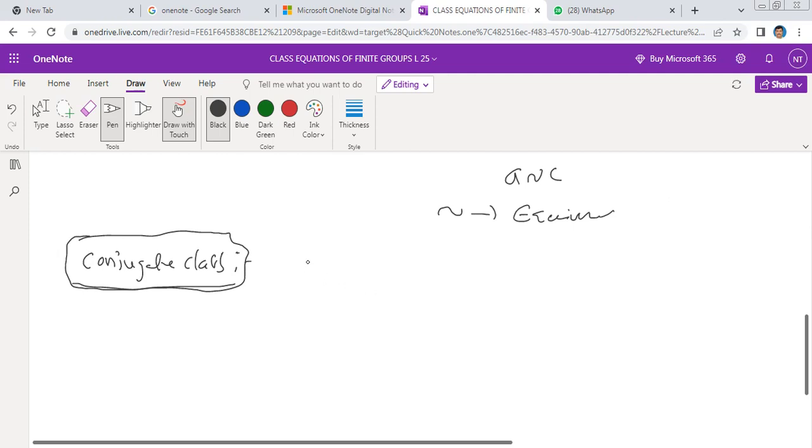JAM is also an important one. Conjugate class means my group is G in which A is an element.